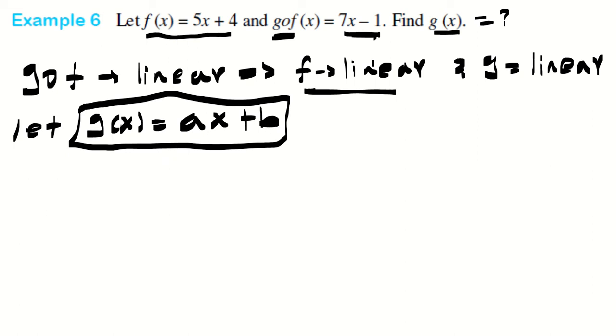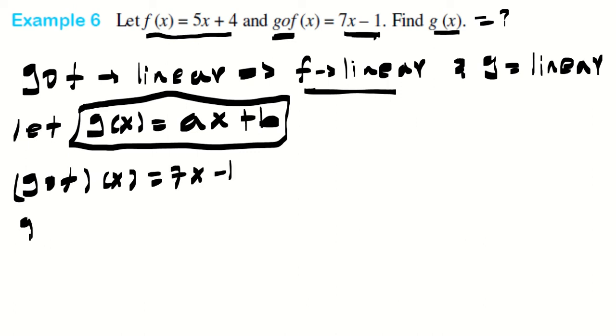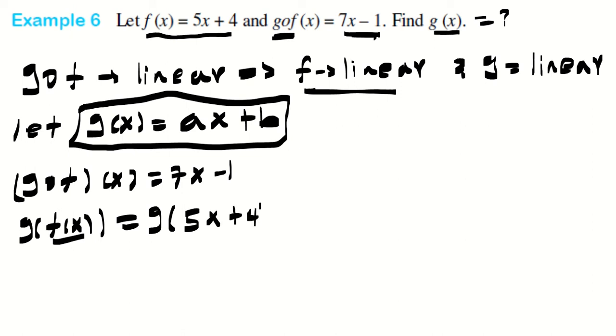Now let's get back to the given one. What's the given? G of f of x is given to us as 7x minus 1. That means g of f of x, which is g of, what is f of x? 5x plus 4. And what is g of 5x plus 4? First of all, g of x is ax plus b. So when you say g of this thing, I will replace it in place of x here.